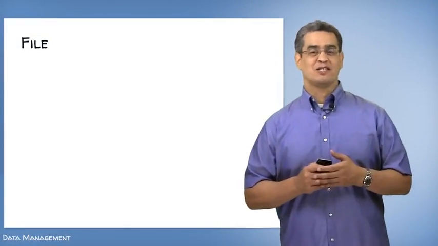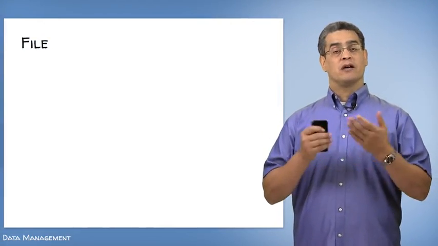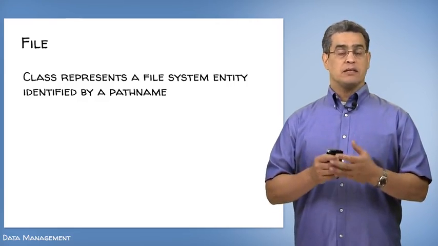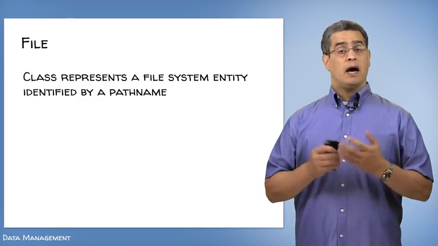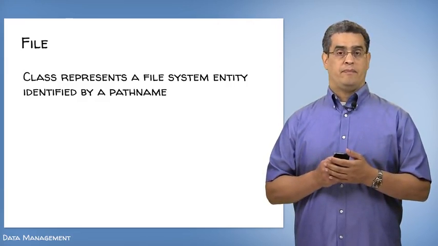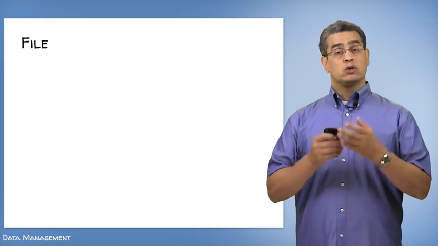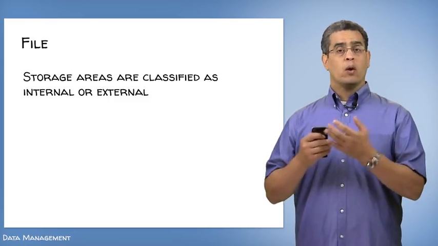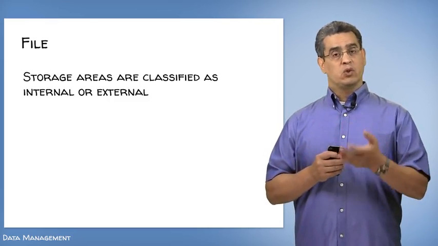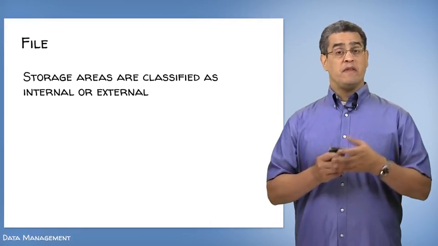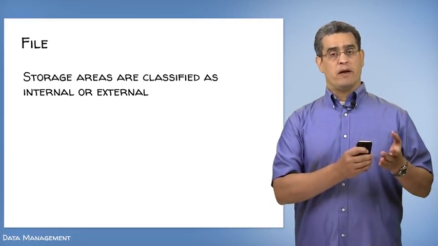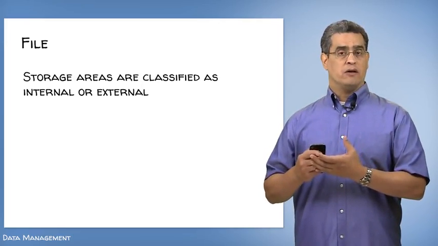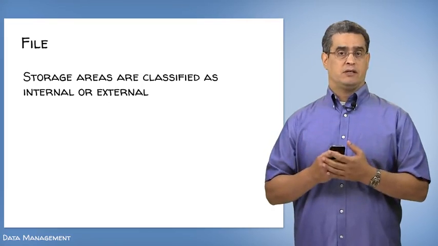In addition to preferences, Android supports the use of files. File is a class that represents a file system entity identified by a path name. In Android, storage areas are classified as being either internal or external. Historically, this distinguished between the internal flash memory on a device and the removable external memory cards attached to the device.